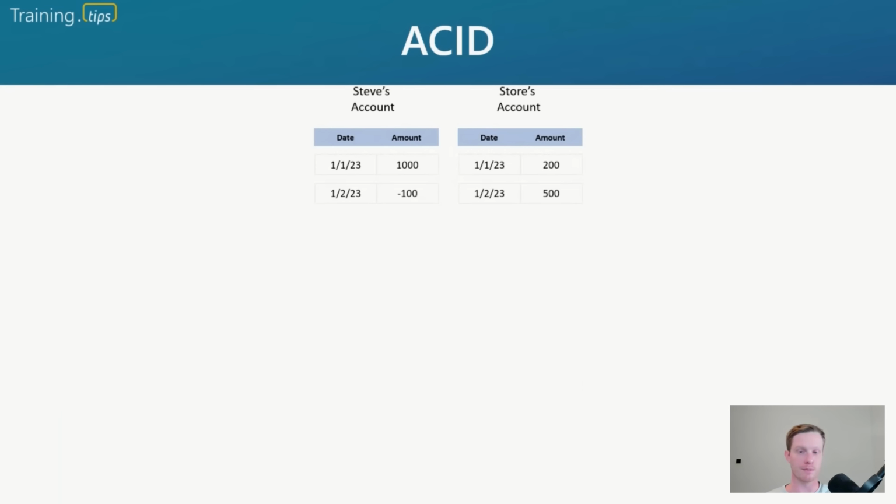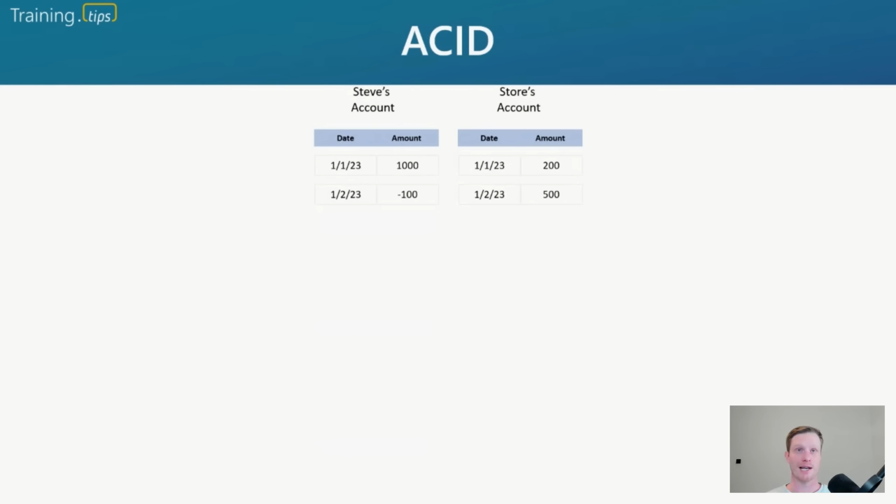So we're going to buy something from Steve's account. I'm going to buy something from the store. Well, there'll be two events that need to happen. First, you need to add this row to debit Steve's account $200. And then you need to add the row to credit the store's account $200. So these are two separate events that happen because these are two separate tables.